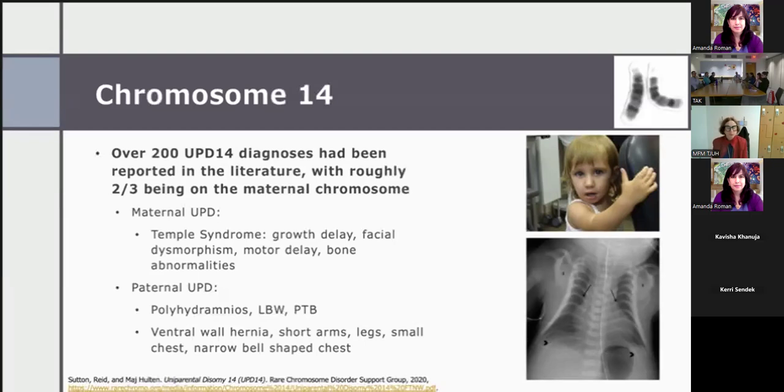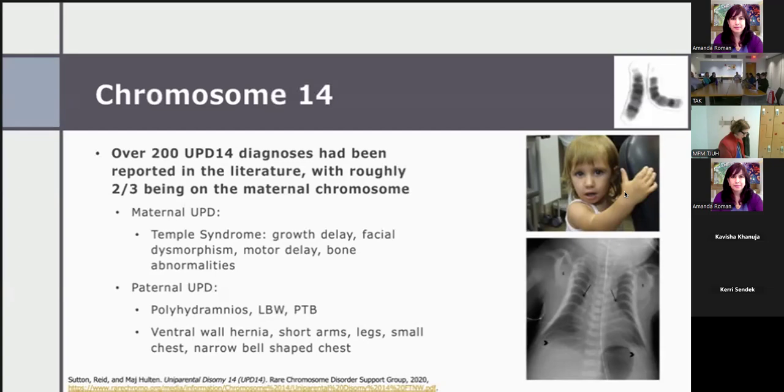Maternal uniparental disomy is associated with what is now known as Temple syndrome. This is a rare genetic disease characterized by pre- and postnatal growth delay, feeding difficulties, muscular hypotonia, motor developmental delay, and mild facial dysmorphism, which you can see above in this image.